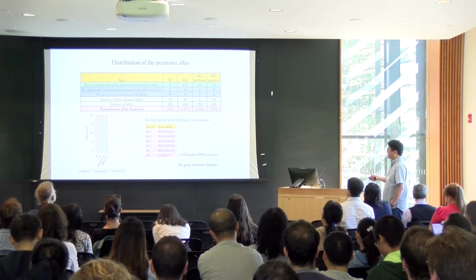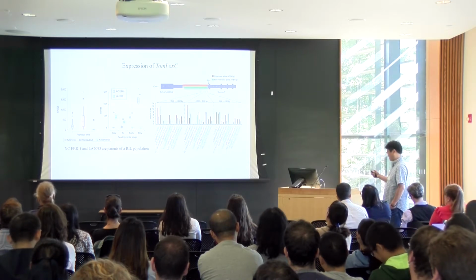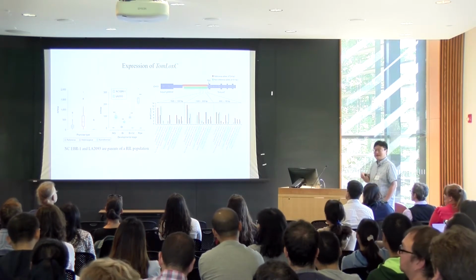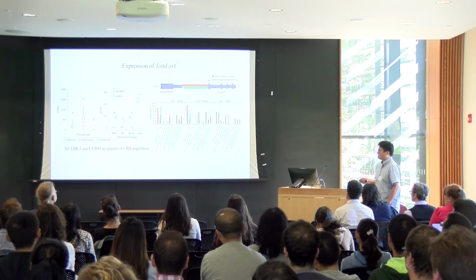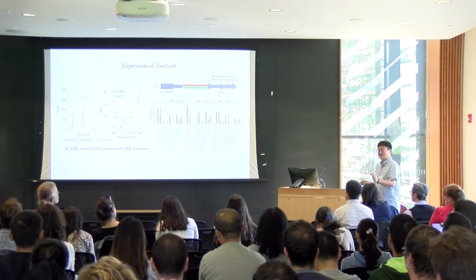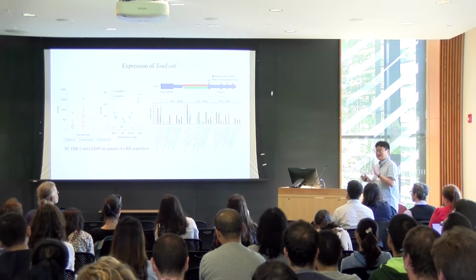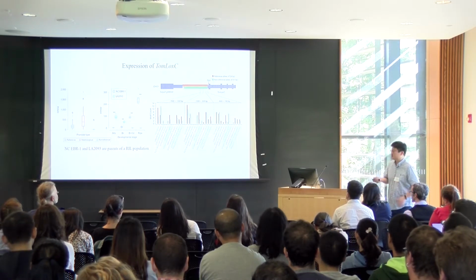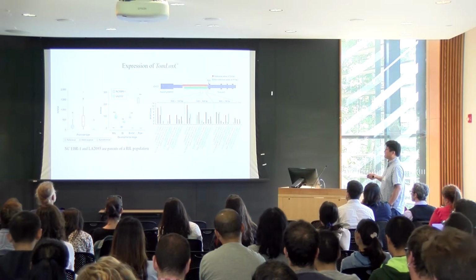For RA2093, we have a population, a RIL population, that is from the parents of one of the RIL populations. One parent is RA2093, and the other is another cultivar. This cultivar contains the homozygous reference allele, and RA2093 contains the homozygous non-reference allele. So we have a RIL population, and we checked the expression pattern.